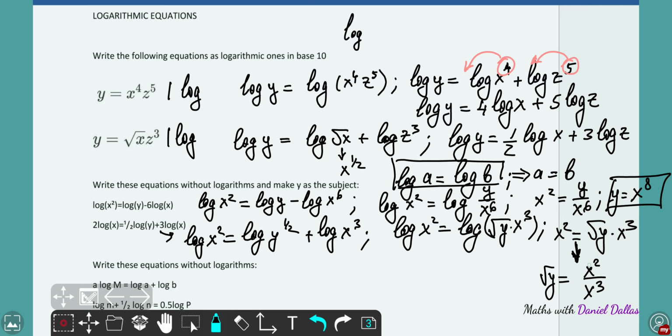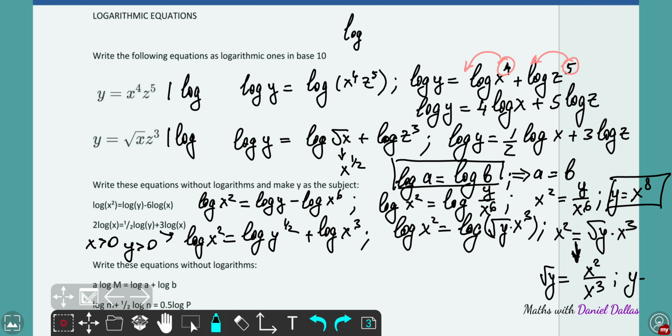And as you understand, we can cancel, because in the original expression, by the definition of what a log is, x as well as y is going to be more than 0. So we can freely cancel.